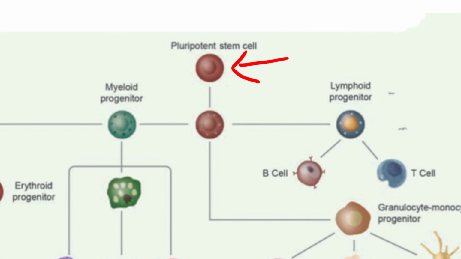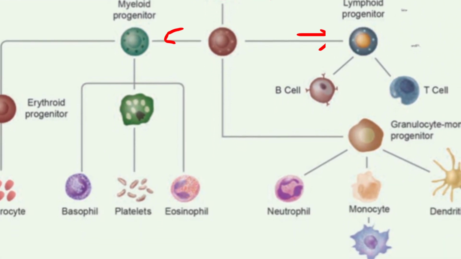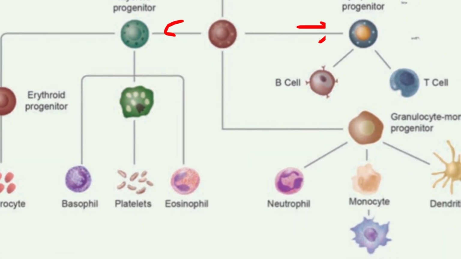You can see the myeloid progenitor and the lymphoid progenitor. This lymphoid progenitor gives rise to B cells and T cells. They are involved in the formation of lymphocytes.